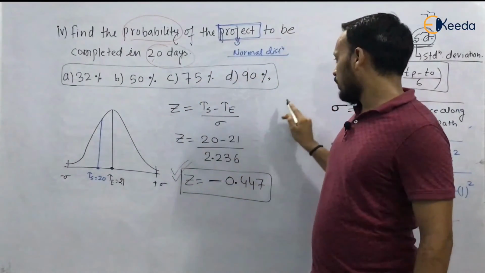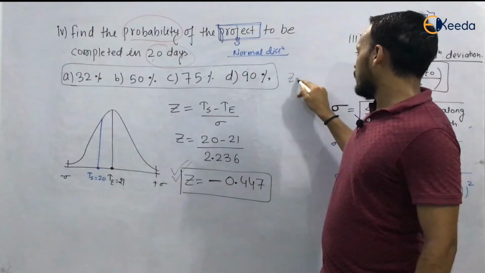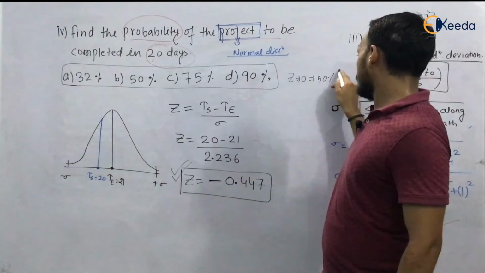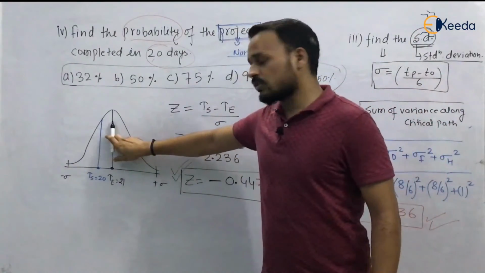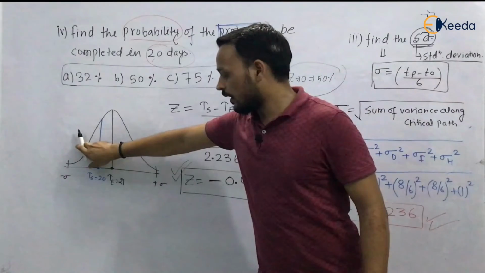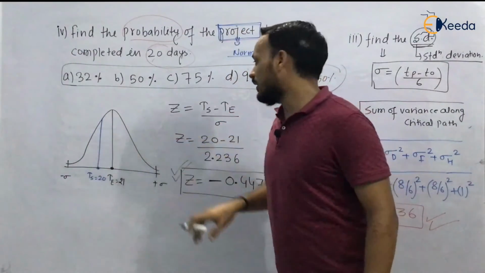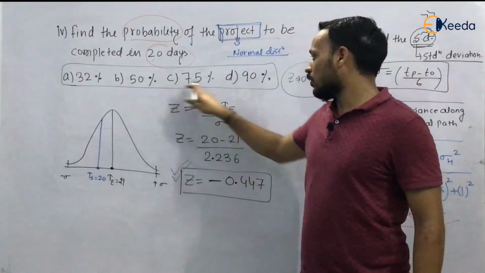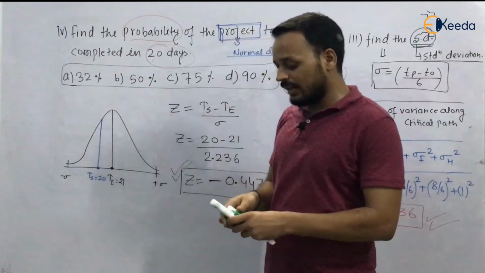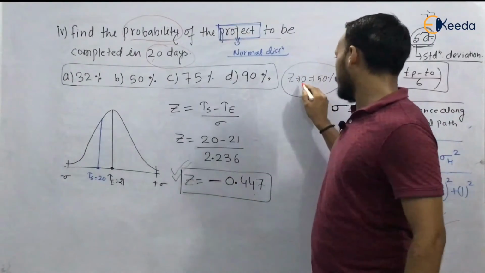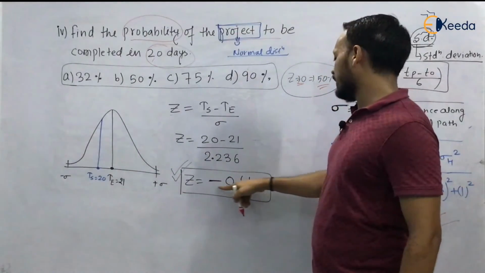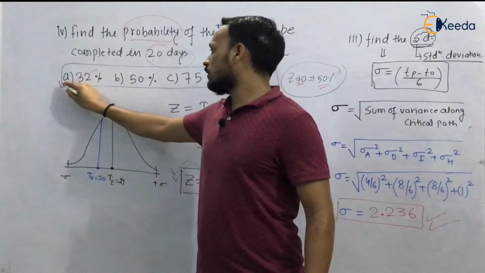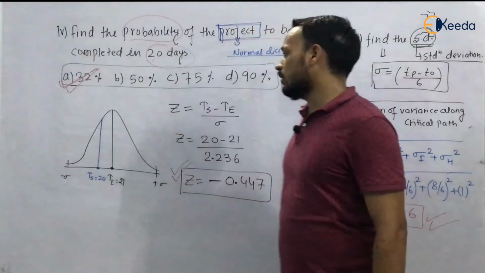When Z was 0, the probability was 50%, that is the mean: 50% at the left side and 50% at the right side. This is minus, which means the probability will be less than 50. Look at the options. Only one option says that the probability is less than 50. For 0 it was 50, and since Z is negative, the probability will be less than 50. That is, 32% is the correct answer.